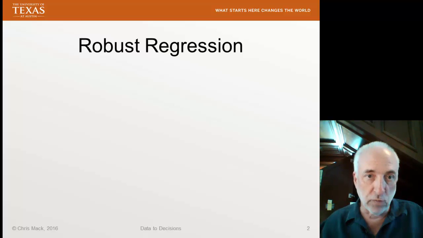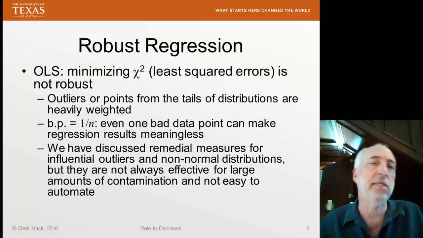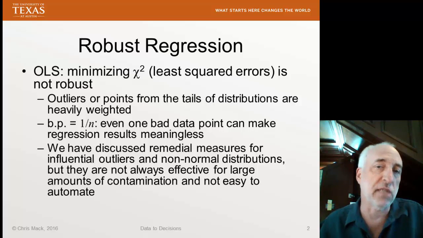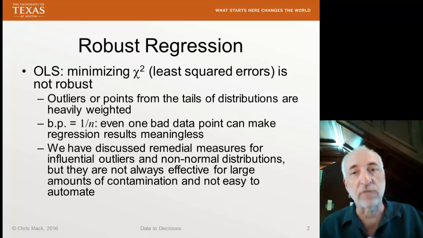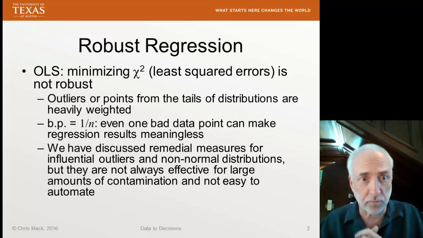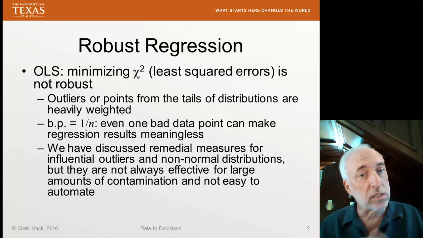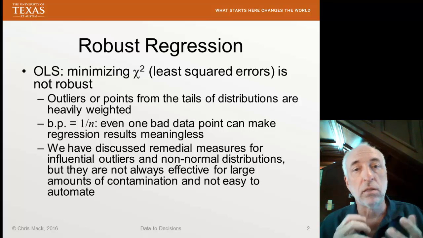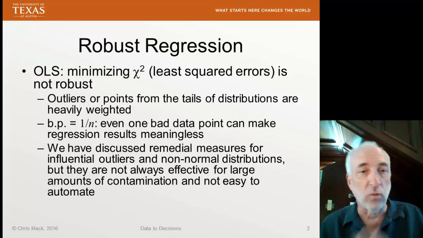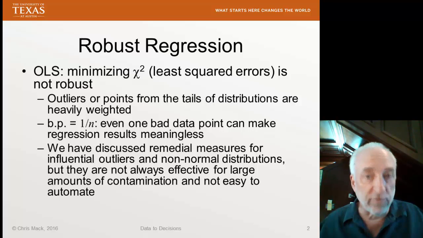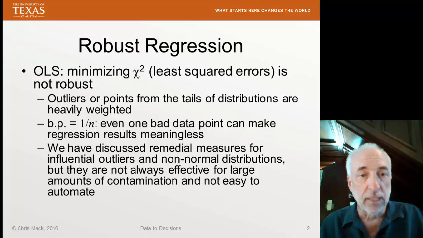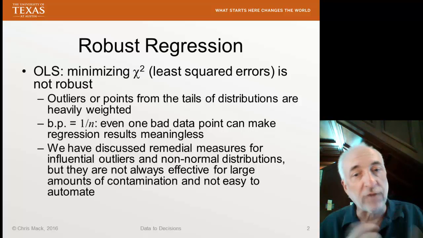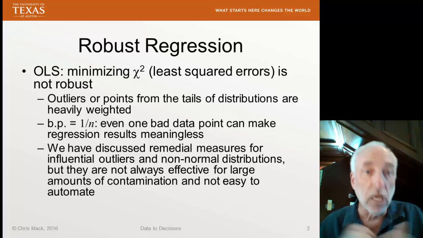What is robust regression? Well, in ordinary least squares regression, we minimize the chi-square. We find the smallest sum of the squares of the residuals. But it's not robust. It's not robust because even one bad data point, one outlier or point from the tail of the distribution can be enough to throw off the regression.